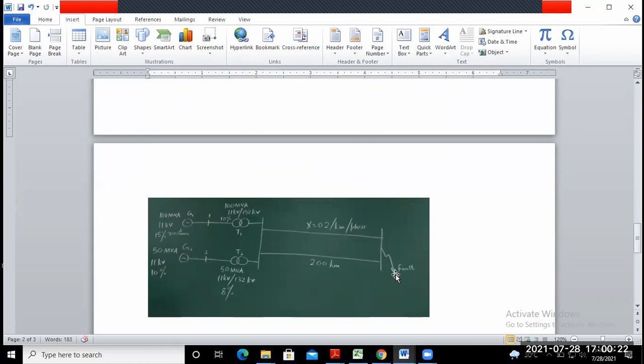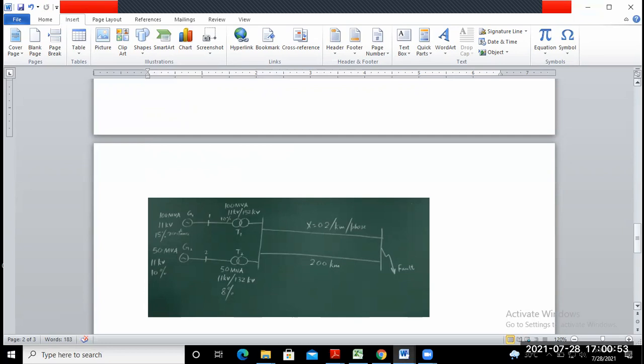So now tell me how we can approach solving this problem. First, you have to remember the procedure for calculating the symmetrical fault current. What is the first step? We have to draw the single line diagram.